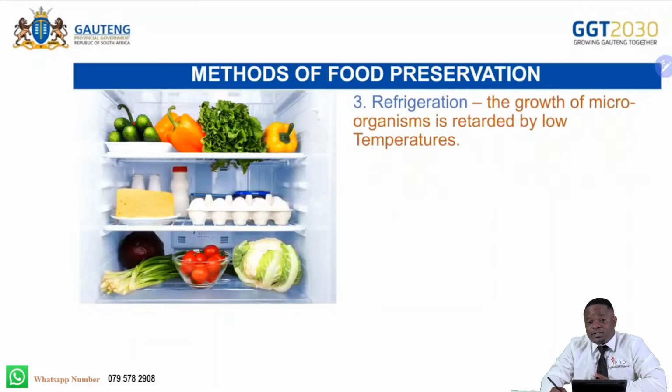And you agree with me that if you put food in the fridge, it does not mean that it will not go bad. It will eventually go bad. However, it takes longer to go bad because the low temperatures slow down the growth of the microorganisms.